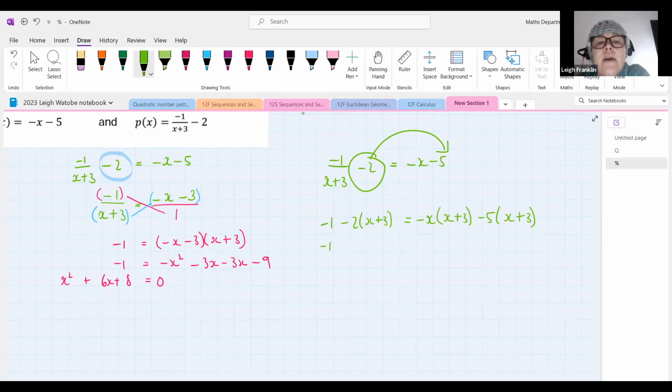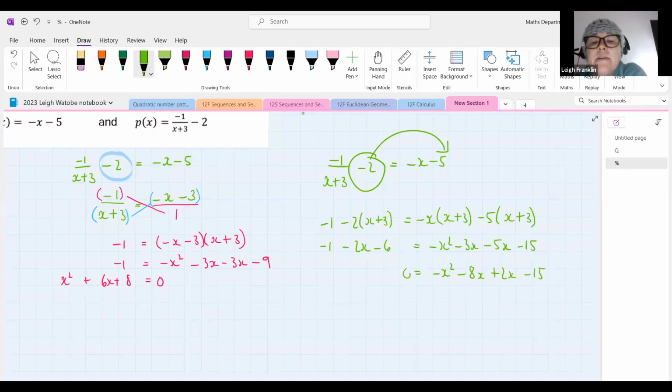But if you have a look here, let's get it into standard form. So you'd end up with negative x squared, minus 8x, then plus 2x.